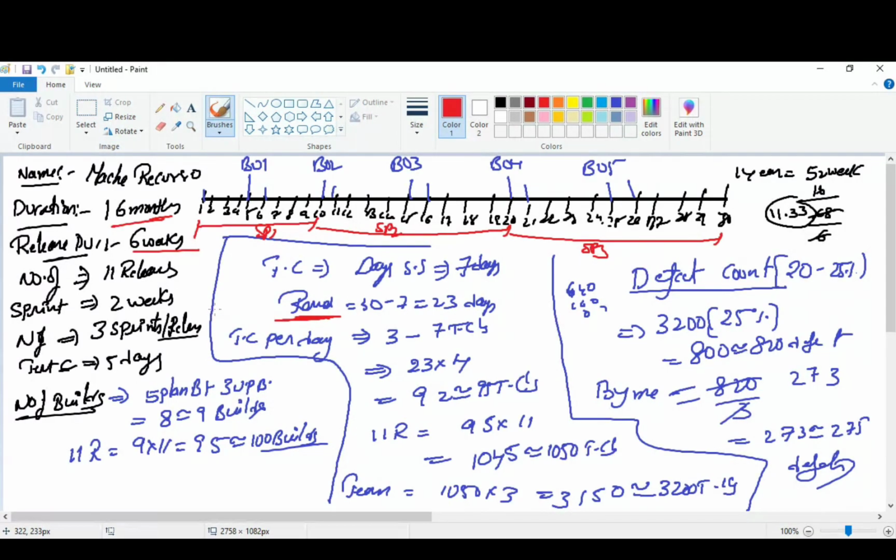Remaining. Komal, it is remaining. Yesterday you were absent, huh? So that is why you are asking these doubts.